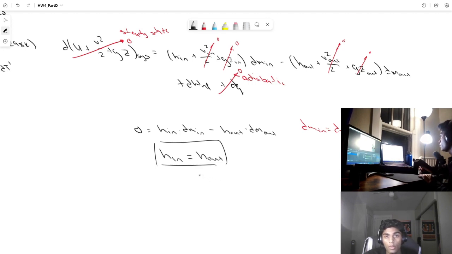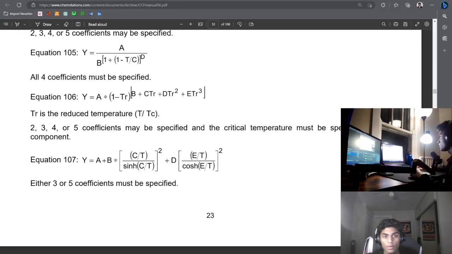So now we can pull up ChemCAD and proceed from there. What we are looking at right now is the physical properties produced by ChemCAD, and we are very interested in this equation right here, equation 107.